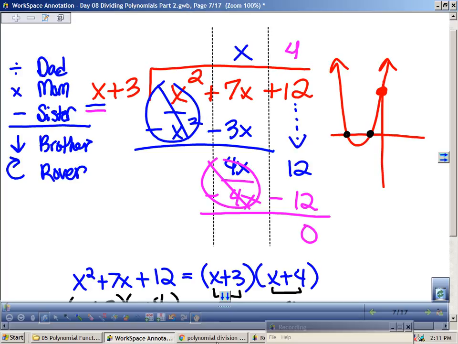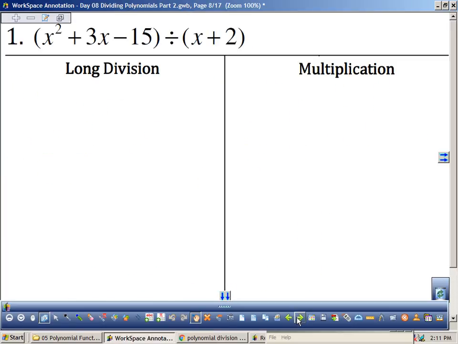Okay? All right. Does anybody know how you could check some of these? You could multiply. There's actually a faster way. You could FOIL. Use the box.